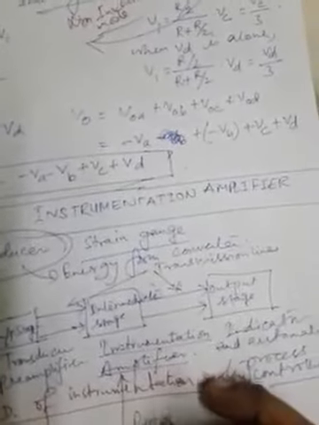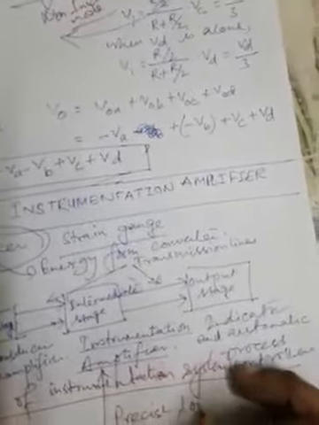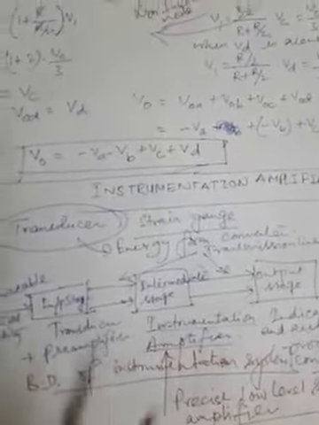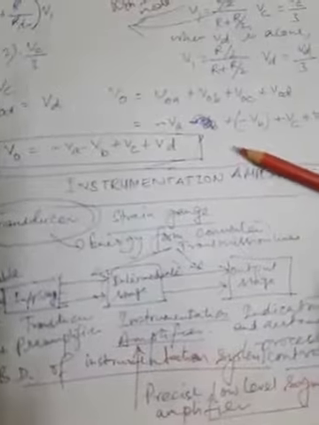So this instrumentation amplifier will do precise low level signal amplification. This is nothing but an amplifier which will do a reasonably good, perceivable signal amplification of the transducer output after the pre-amplification part is over.